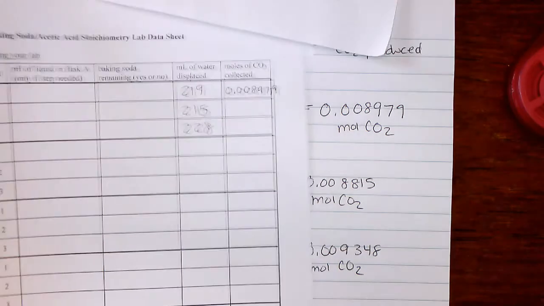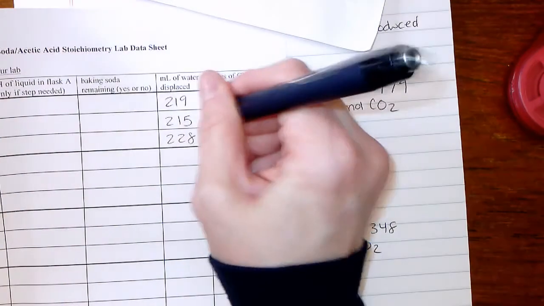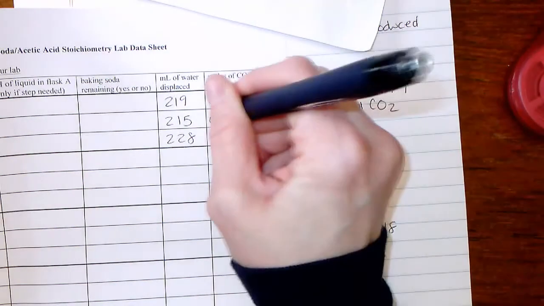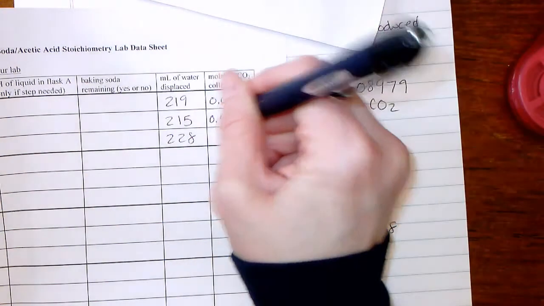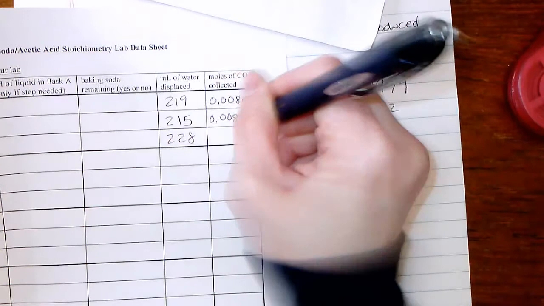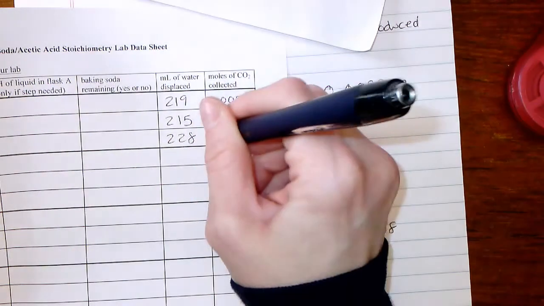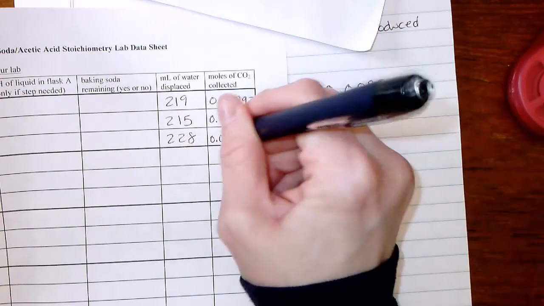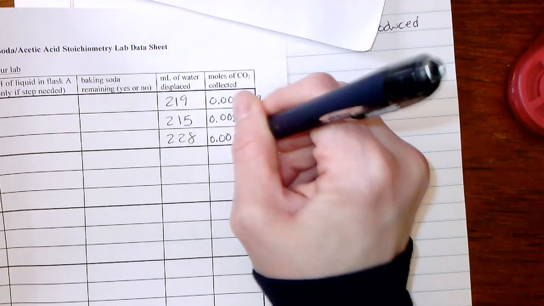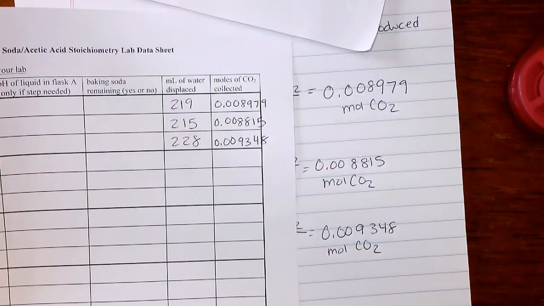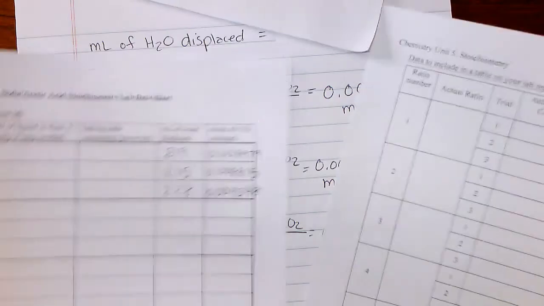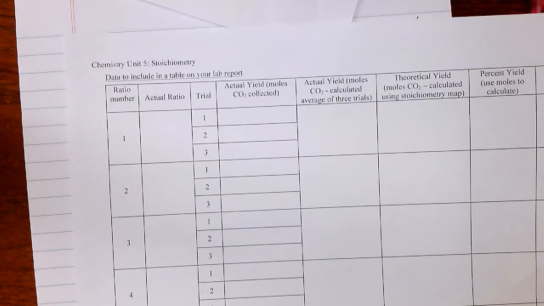Excuse me. So I'm going to go ahead and copy these into this data table. So 0.008815, 0.009348. And then those are the same numbers that are going to go on page 10 in the data to actually include in your lab report.